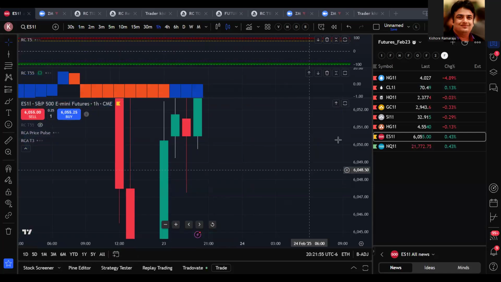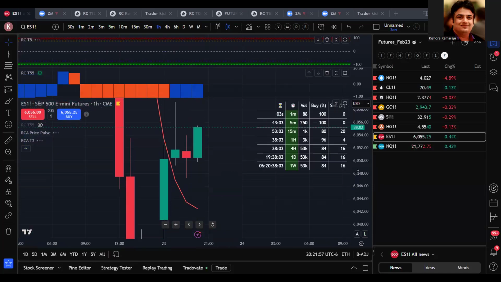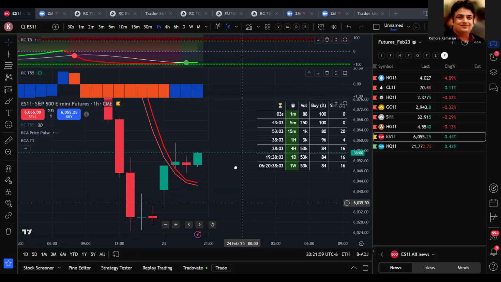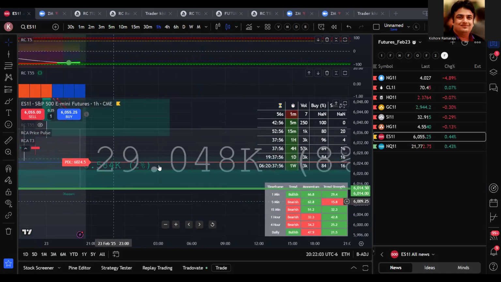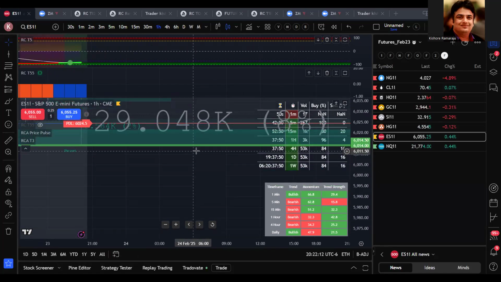If I go to 1 hour, I see that there are a lot of overlapping buy orders. There is some 6,000 order, 29,000 order. So that's what we did, we went ahead and we did a bull put here. That means we are telling that ES will not go below this price.